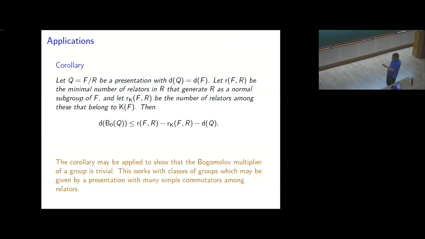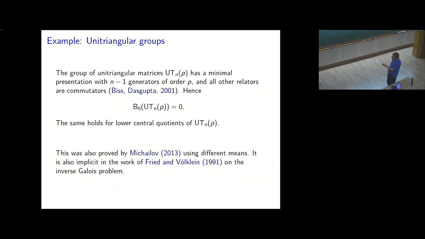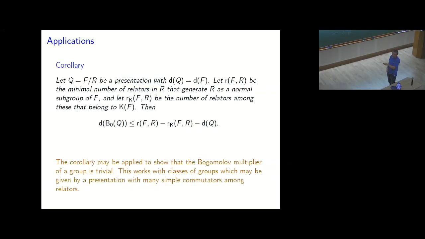This difference is actually the number of relators which are not commutators, right? So you have n-1 generators, and you have n-1 relators which are not commutators, and you plug in these two numbers in here, you would get 0 here, which means that the Cohomology multiplier of unitriangular groups is trivial.